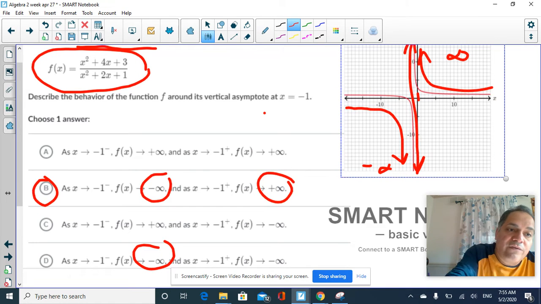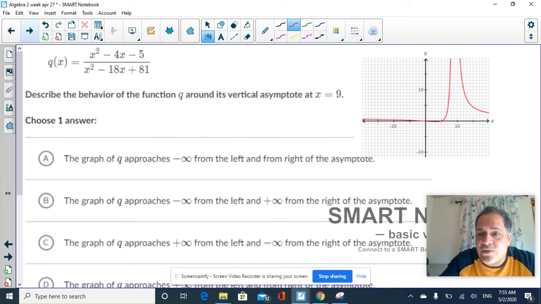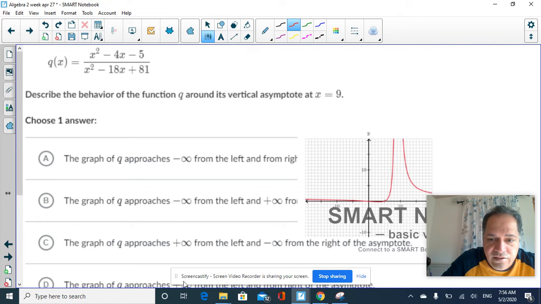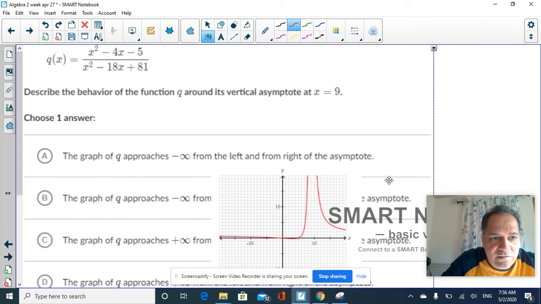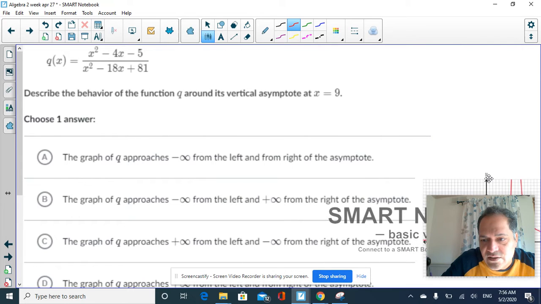Using the graph is the easiest way, but if you don't have a calculator, what do we have to do? If you look at the second question, I'm not going to use the graph we have here. I'm going to use the algebraic method. So I'm going to hide the graph and then we are going back to it.